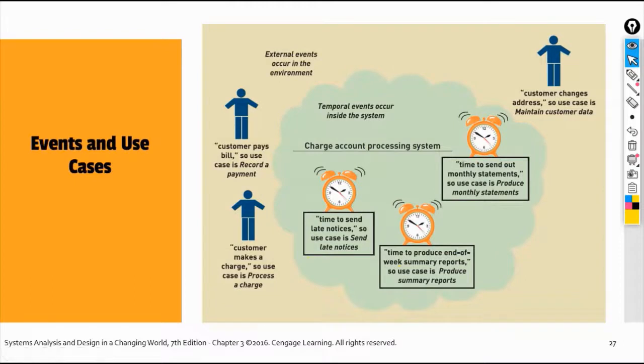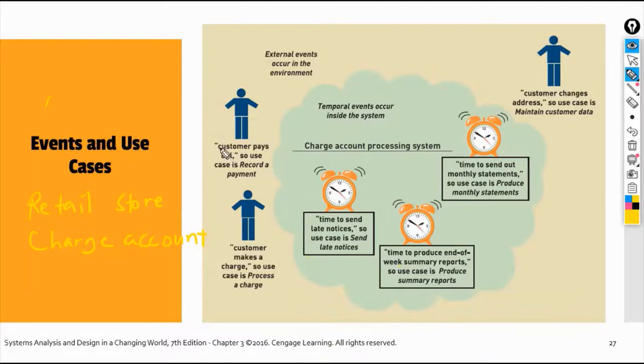To give you an example, here are some events that are important to a retail store's charge account. The functional requirements are defined by use cases based on 6 events.